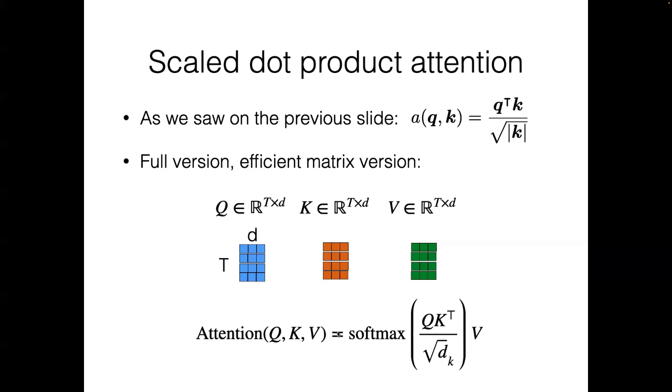Yeah, so I think their argument was that the size of the dot product can grow just due to having more dimensions, or it can shrink just due to having fewer dimensions. So they have this normalization term to make things more stable if they change the size of the architecture.